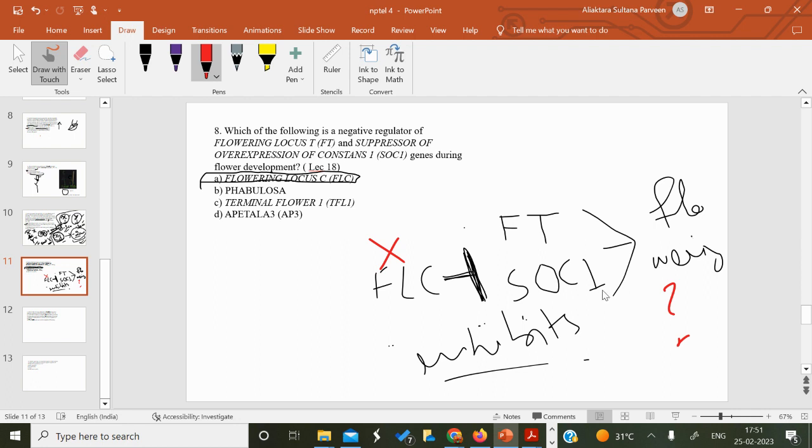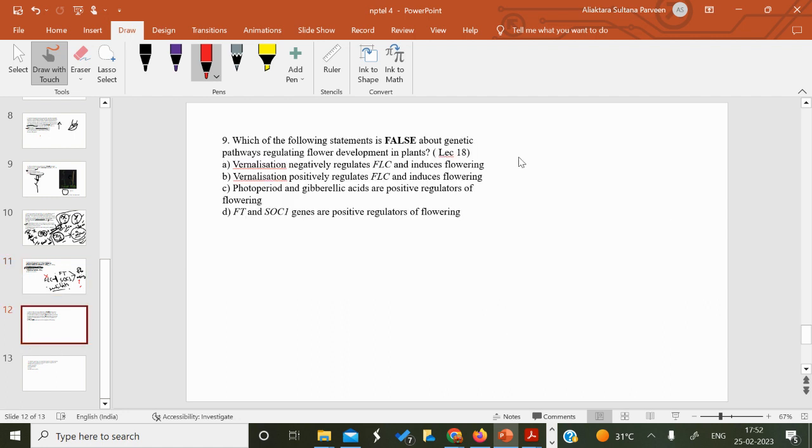So it will promote flowering. So the answer is that in the mutated FLC condition, flowering will be promoted. Okay, is it clear? Okay, fine. Let's move on to the next question.